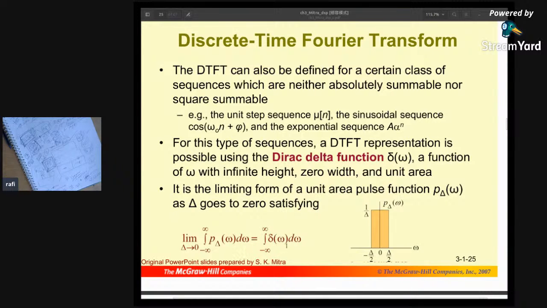In such a way you can use a triangle or any other known mathematical geometric shape whose width and height are inversely proportional to each other, and when you find the area of such a structure, you should get 1. All such structures can be approximations to this delta of omega.